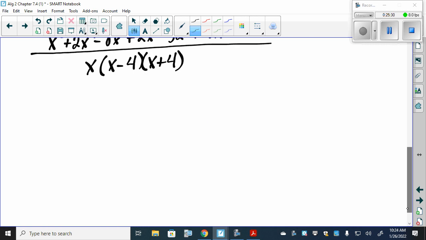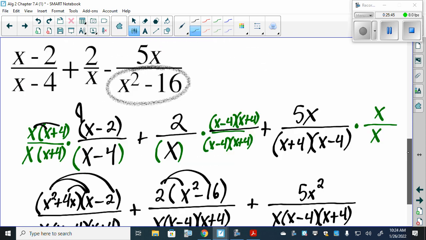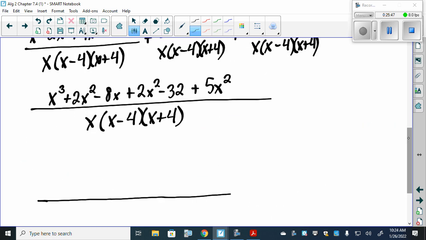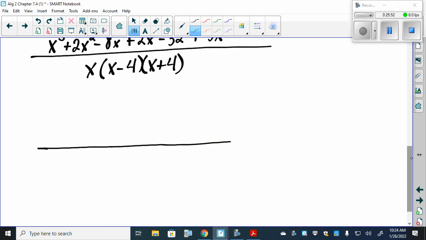So we'd have x cubed. Now we have 2x squared, 2x squared, and 5x squared, yes?